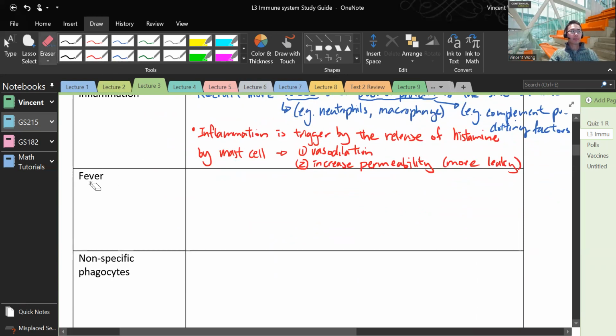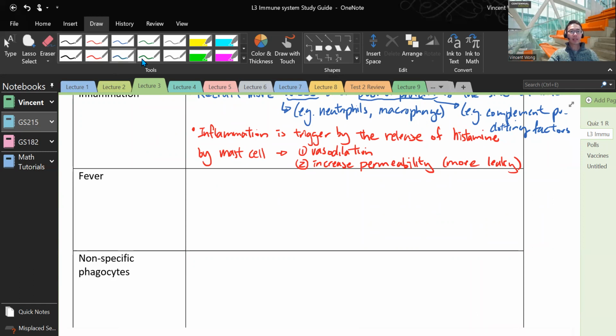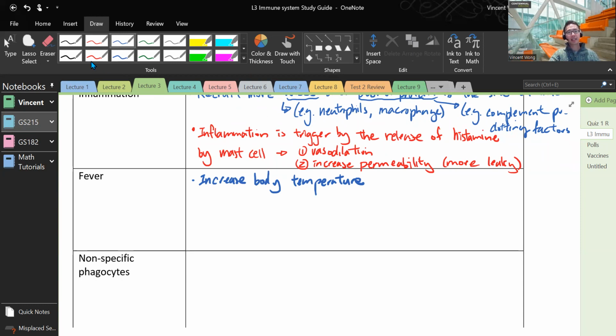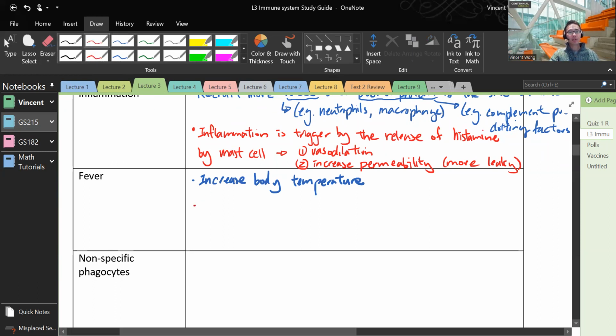Okay, fever. The purpose of fever is to increase body temperature, right? So normal body temperature is 37 degrees Celsius, and if you have anything above 38, that's a fever. So how do you trigger fever?